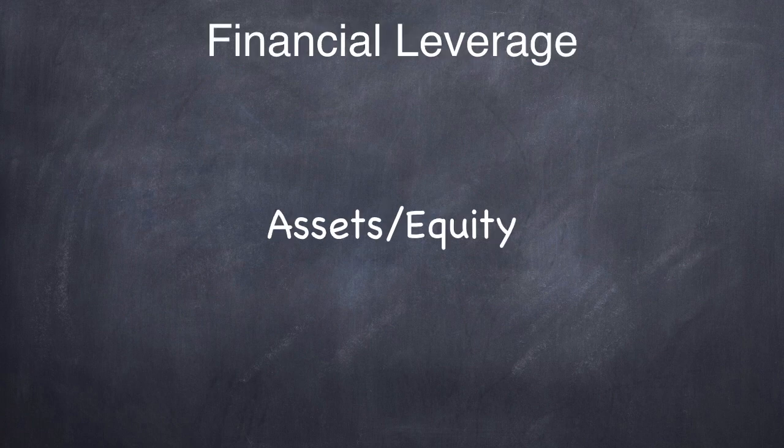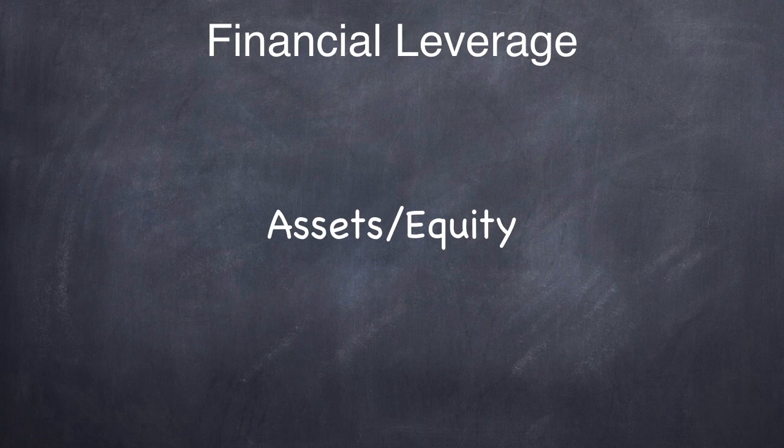The third component is called financial leverage. This is measured as assets divided by equity. Now, as you can see, if you have $100 of assets and that is matched by $40 of equity, then the rest of it has to come from debt. So, financial leverage measures the amount of debt finance.